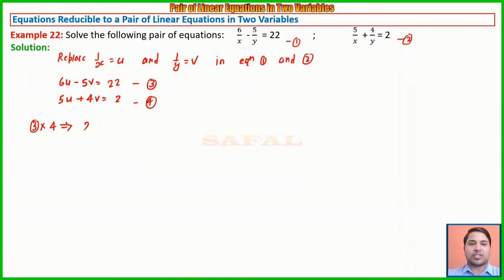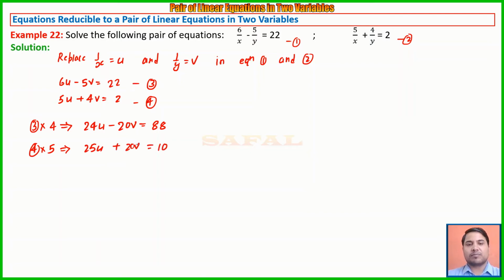So 4 sixes are 24u, 4 fives are 20v, and 22 into 4 is 88. Similarly, equation 4 I am going to multiply by 5, so the coefficient of v in both equations will become the same. 5 fives are 25u, plus 20v, and 5 twos are 10.